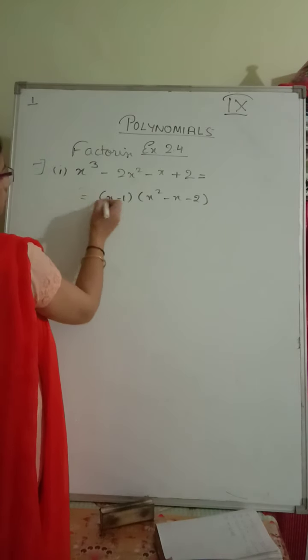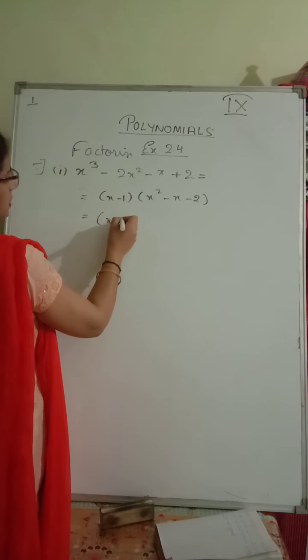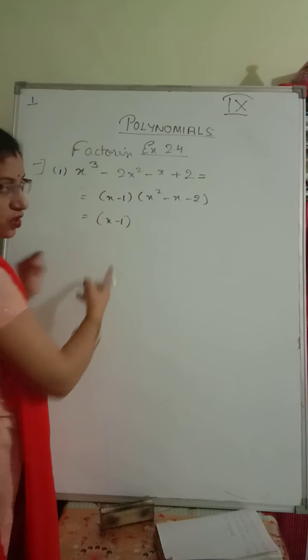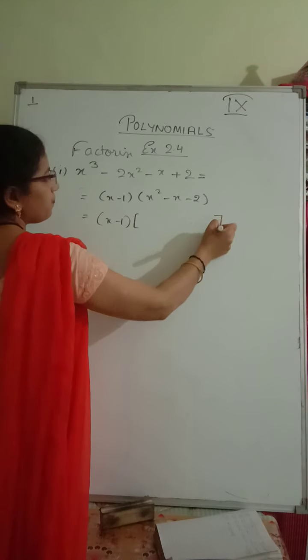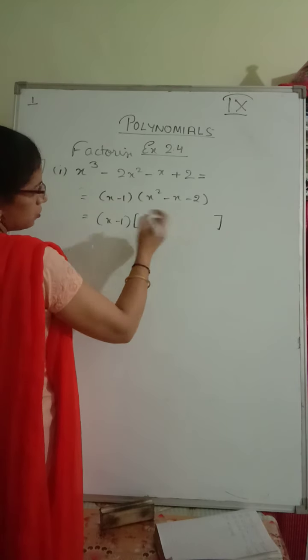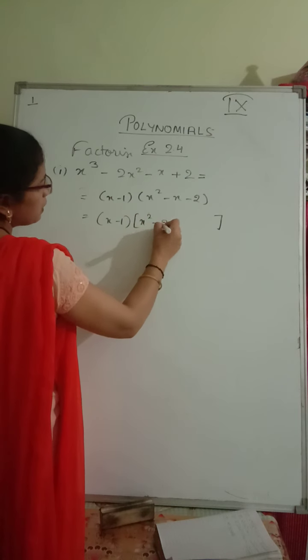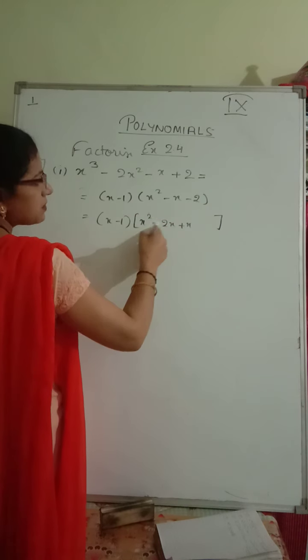We write x minus 1 as it is, because x minus 1 was already one of the factors. Now this is a quadratic equation, so solve it. Two ones are 2, so we write x square minus 2x plus x minus 2.